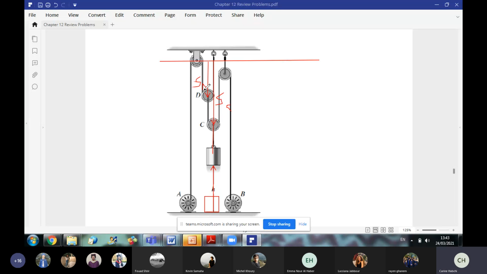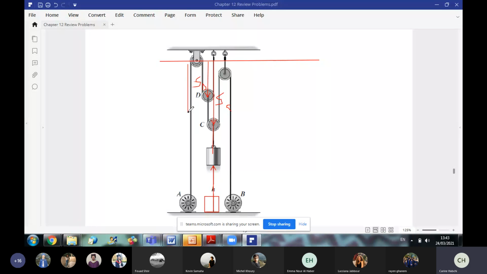What other coordinates do I need? I need a coordinate for motor A and motor B. The motor is drawing the cable inside it.